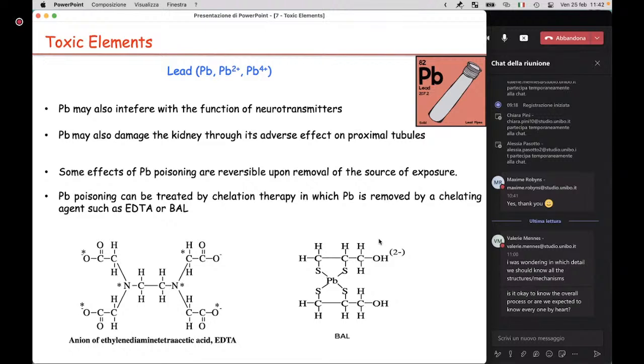Again, we have alcoholic groups that are very hydrophilic. So this is the main form of therapy in case of heavy metal poisoning. It is called chelation therapy. Okay, is it clear? I hope. How does this kind of therapy work?